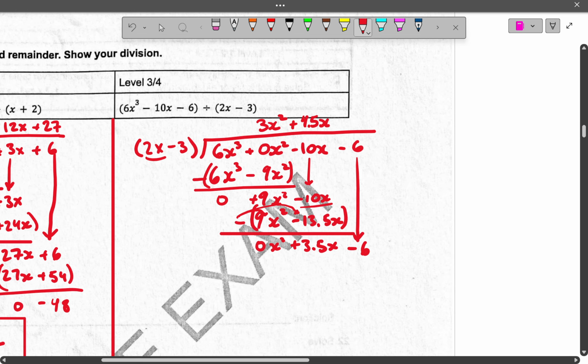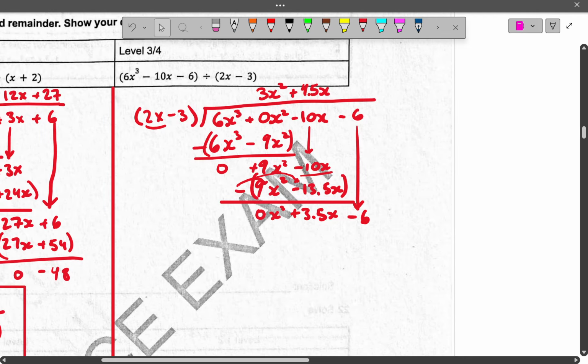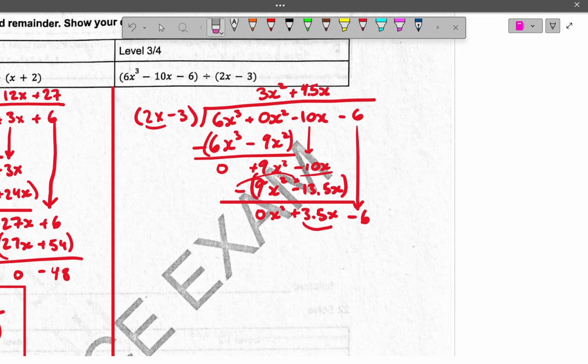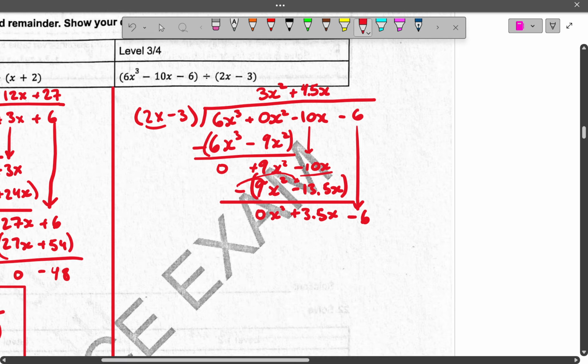And then this last one, we're asking ourselves, what number times 2x will give me 3.5x? So this is another fraction, so I need to have some number. When I multiply it times 2, will give me 3.5.